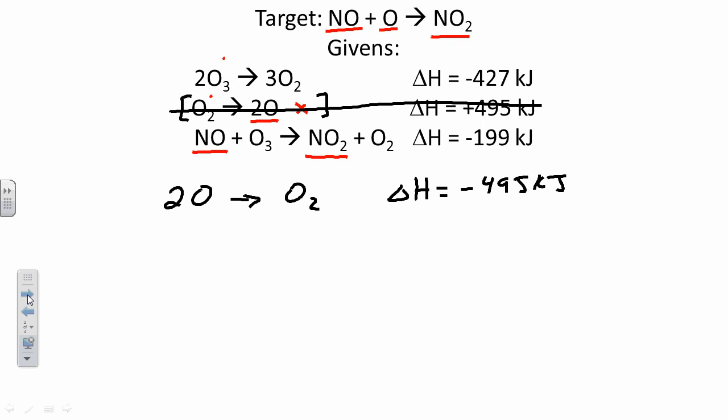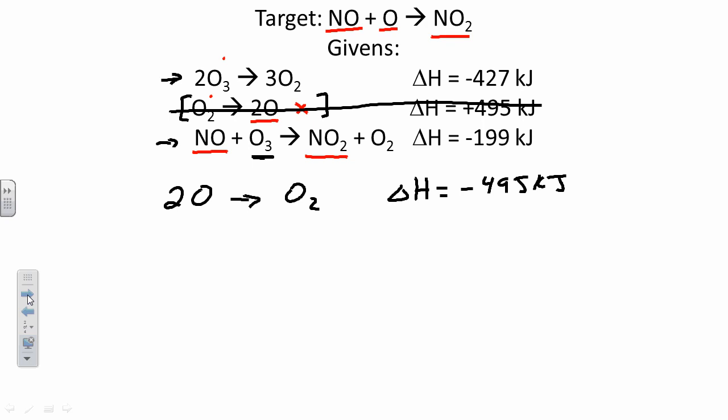All right, but what that's going to show me is now I've got O in the right place, but I've got O2s and O3s around here that need to go away because they're not in the target. So I'm looking at this equation here, which has got the NO and the NO2 in the right place, but has got O3s and O2s all over the place that have to go away. Because I see there's an O3 right here, I'm going to go up to this equation right here and do some manipulation of it.